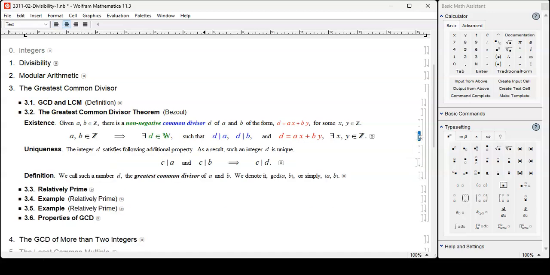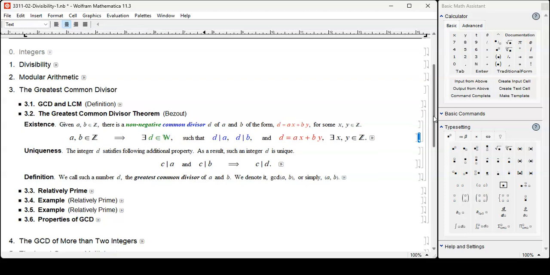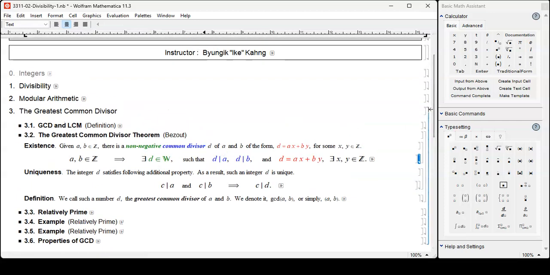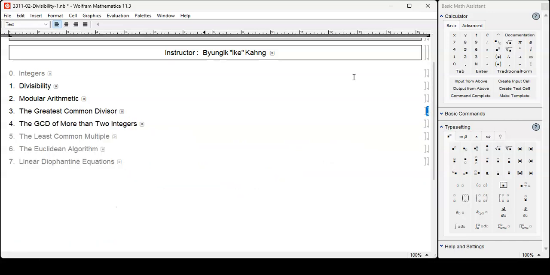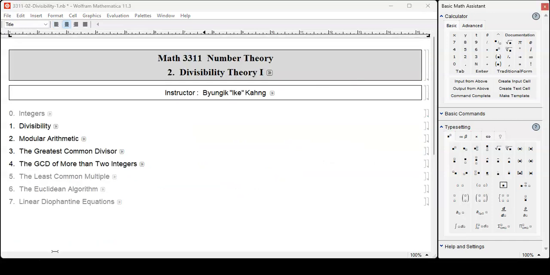So we have all these three: non-negative, common divisor, of the linear combination form. We got the existence. We already proved the uniqueness and this additional property previously, so we'll say Bezout's theorem is now completed. And that concludes section 3. Good work. It was a major accomplishment.